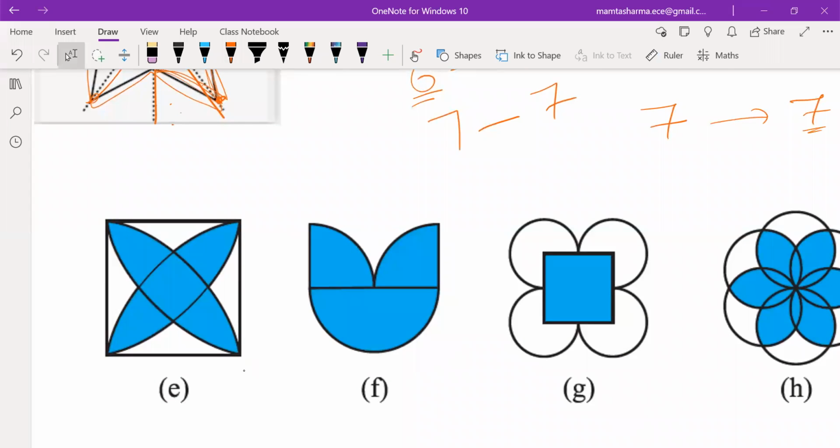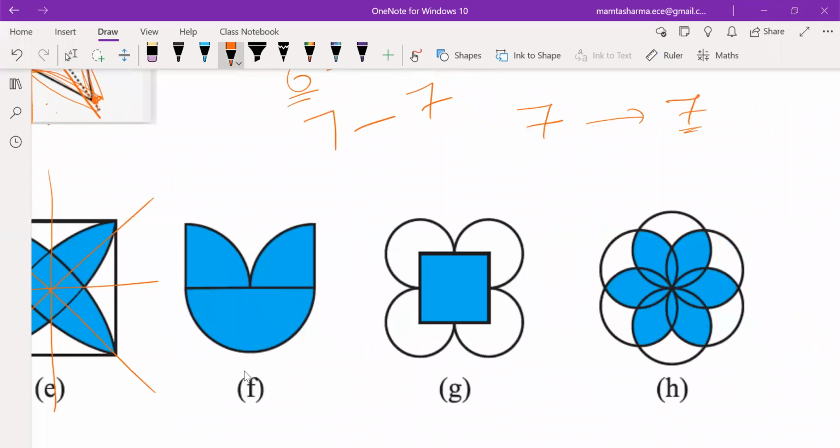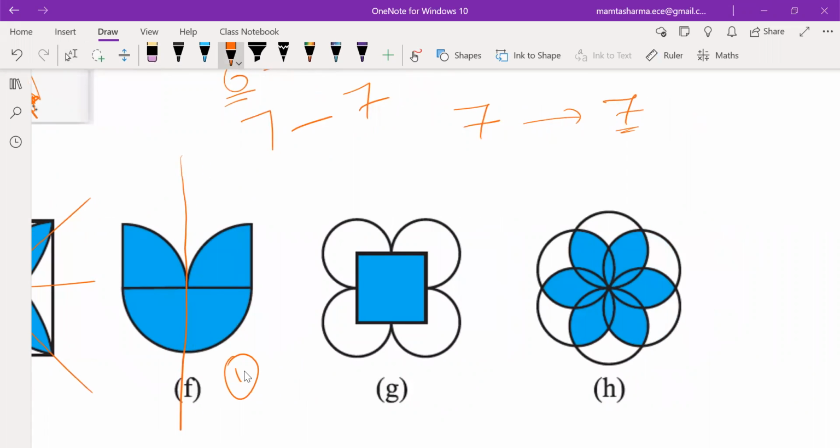Ma'am, this is also 2. Sorry, 4. Horizontal, vertical, and crossed. 4. Yes. For this figure, ma'am, 1. 1 is vertical, right? Horizontal, no. Only one line of symmetry. This figure, ma'am, 2. Sorry, 1, 2, 3, 4.